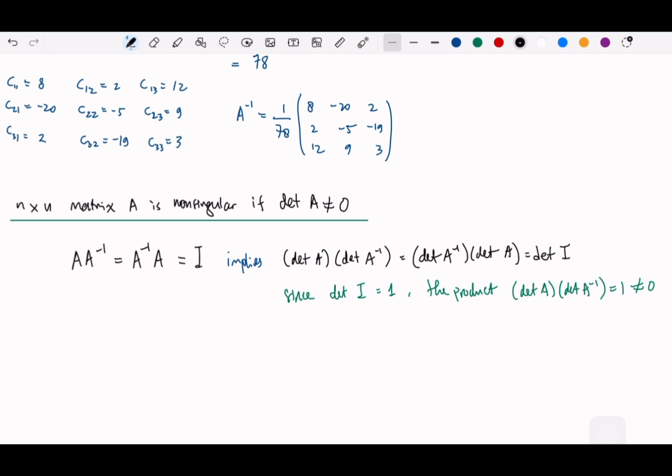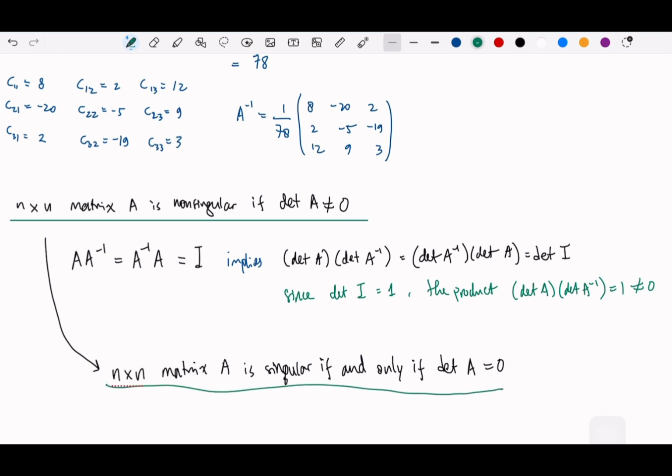So we could also rewrite the statement. An alternative way to write this is that the n by n matrix A will be singular if and only if the determinant of A is 0.